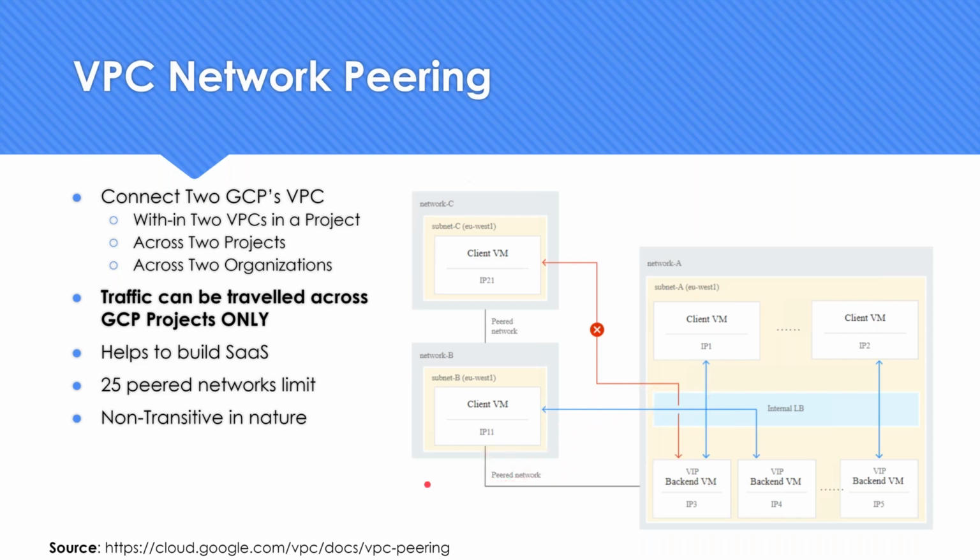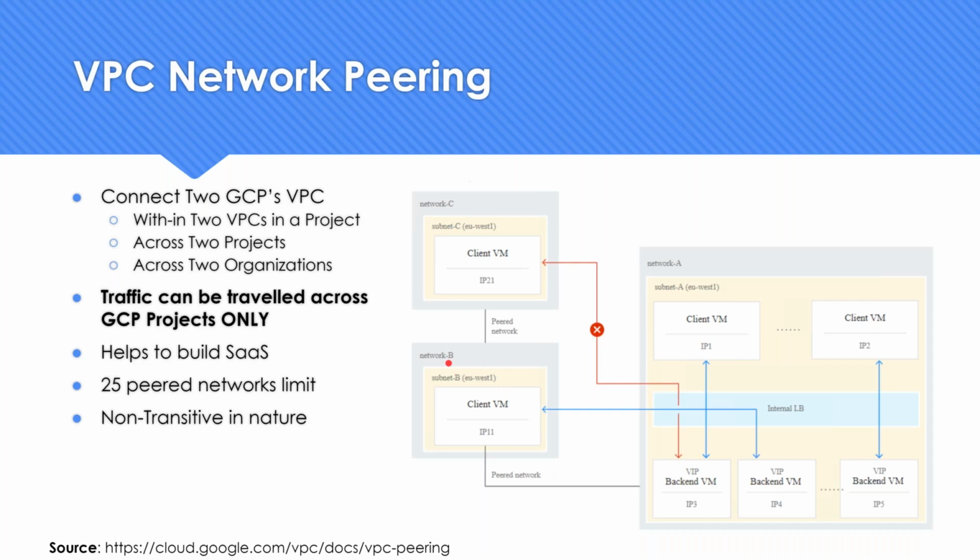This is done at a VPC level, folks. You don't do it at a subnetwork level. In shared VPC you were sharing the subnetwork, not the entire VPC, but here the entire VPC is going to be peered.